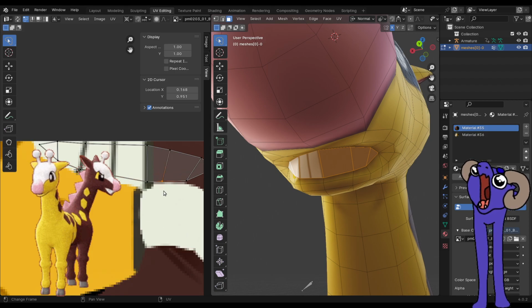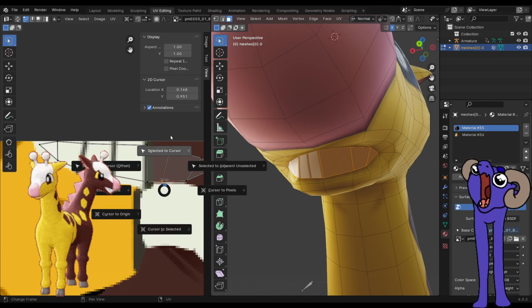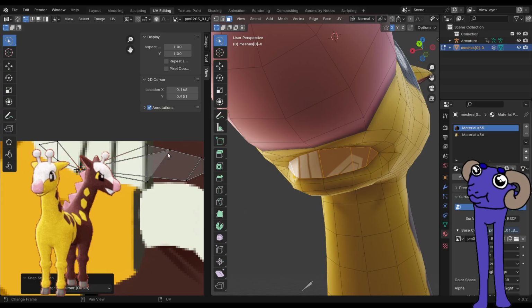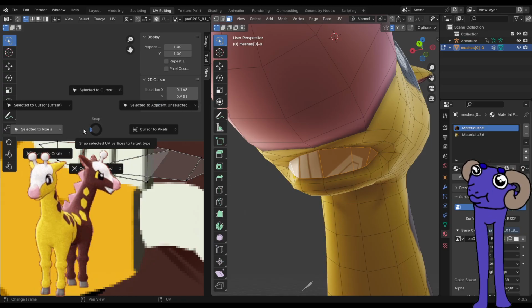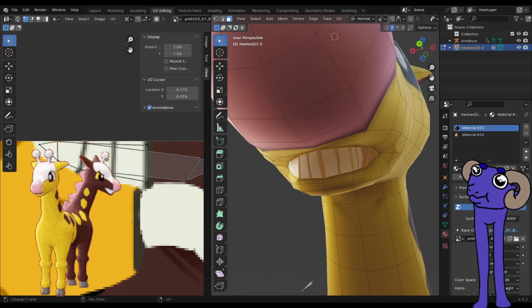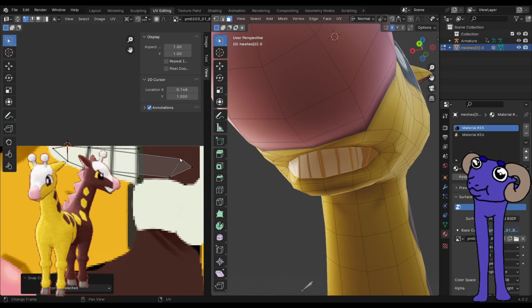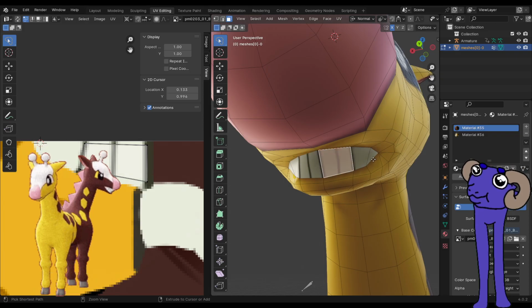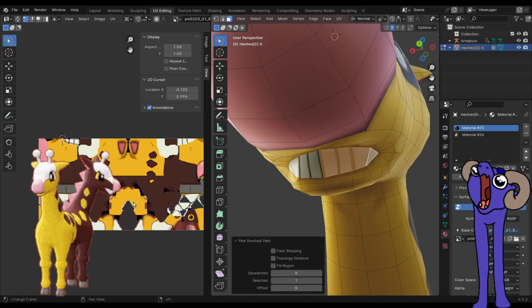Cursor selected because I need to shove you on the cursor. Oh, wrong one. 2, and then 7, and 2, 7, 2, 7, 2, and 7. Then we got you lot.